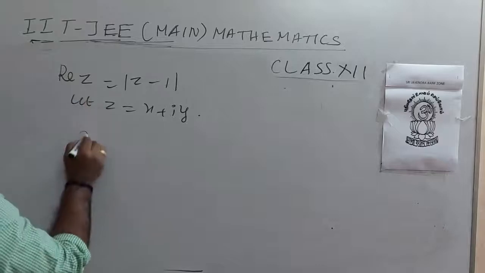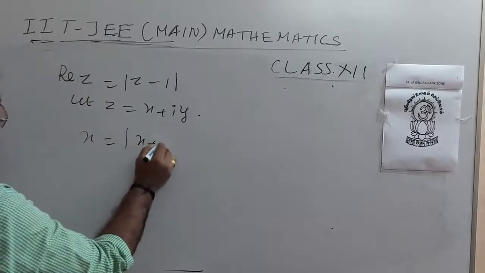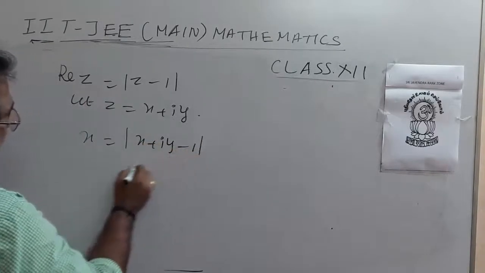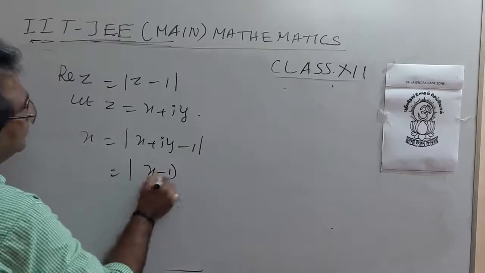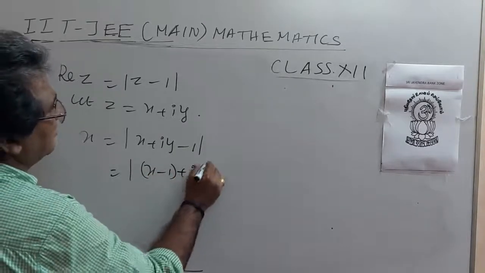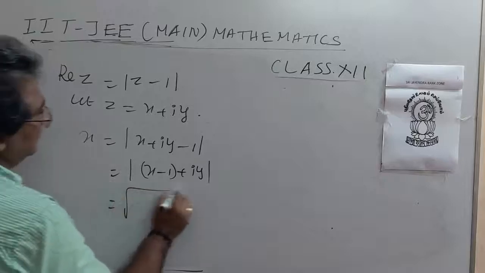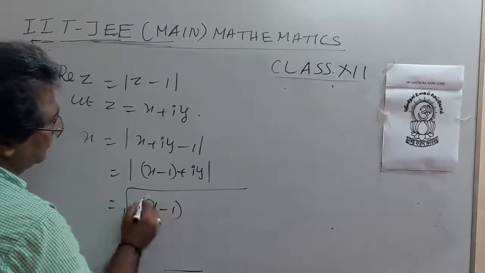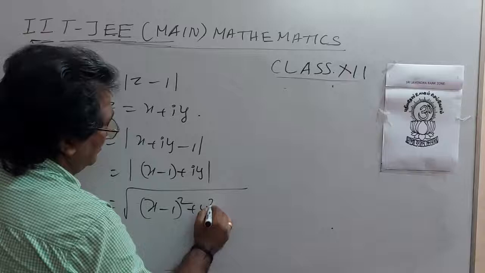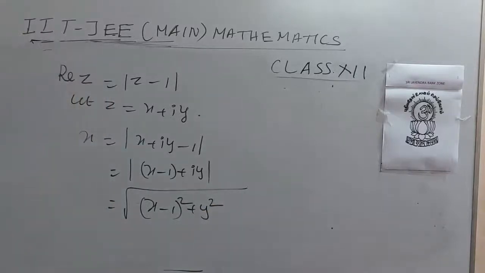So real z, that is x, equal to modulus of x plus iy minus 1, that is root of x minus 1 whole square plus y squared.